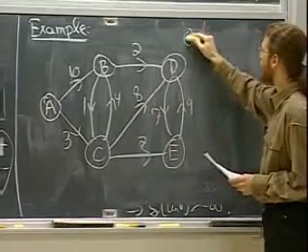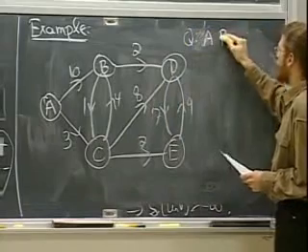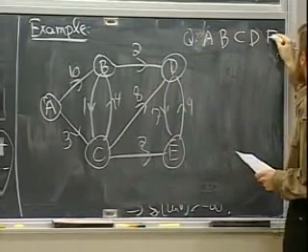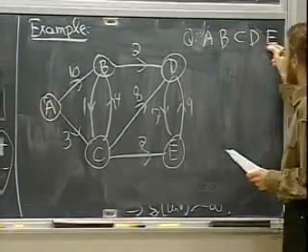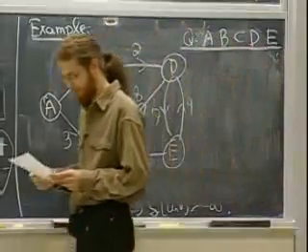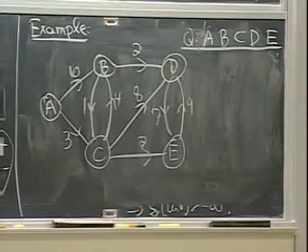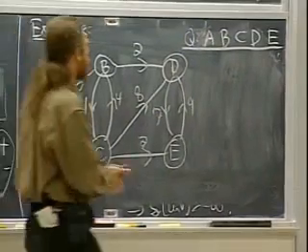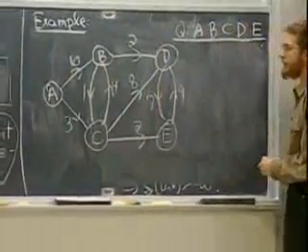And I want my priority queue over here. I'm also going to draw my estimates. Okay, now I don't want to cheat. So we're going to run the algorithm on this graph.